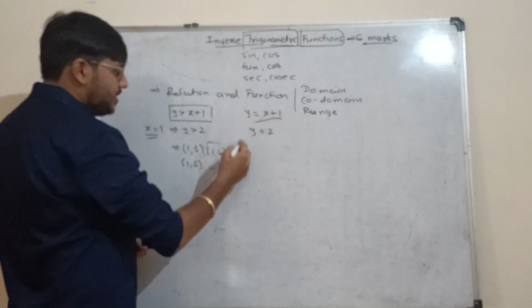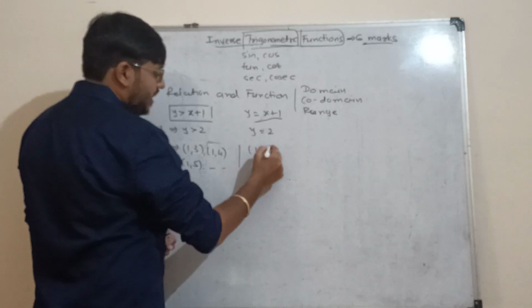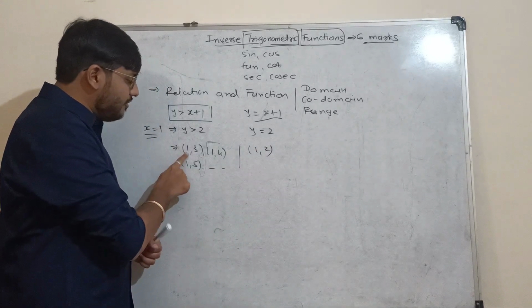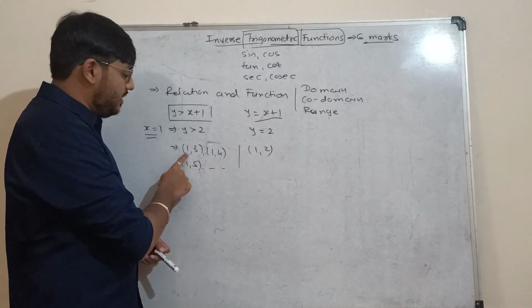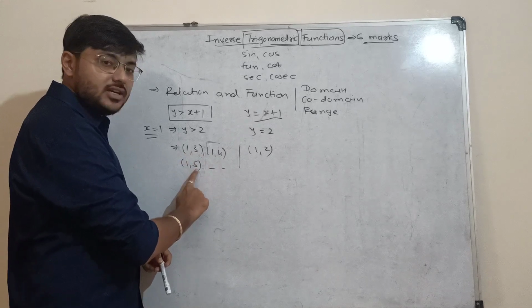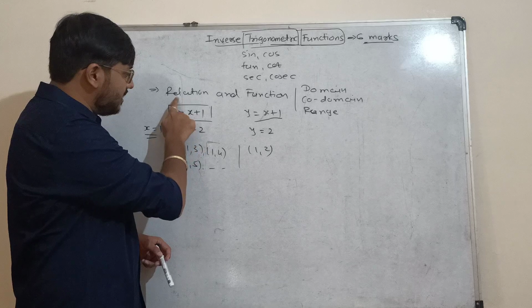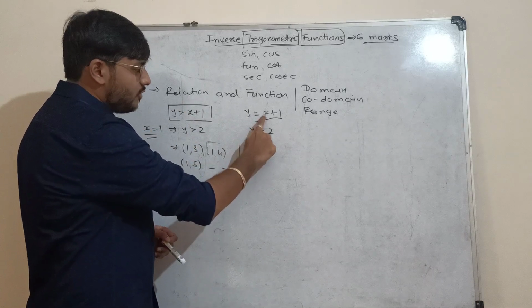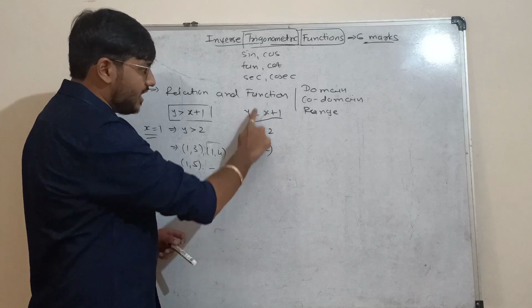Whereas for this condition there is only one pair, which is (1,2). So now for any single value from the domain, if you get more than one answer, then this is known as a relation.